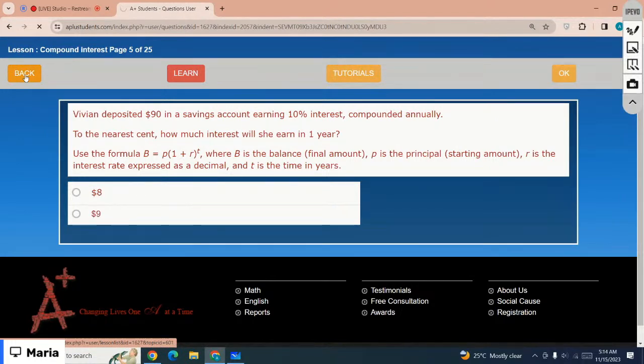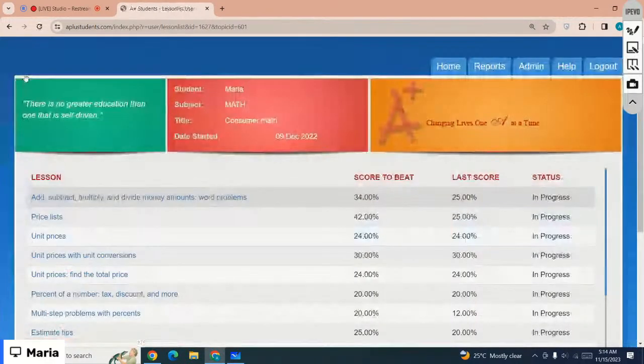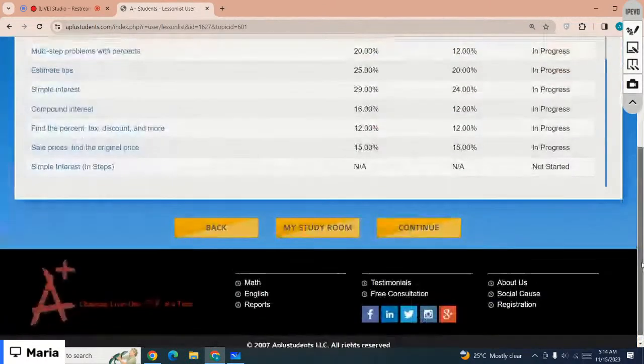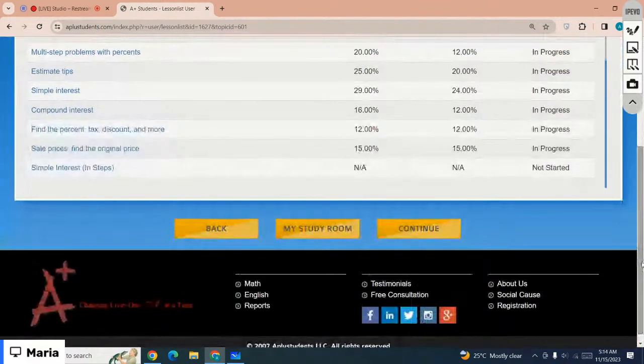And the next lesson is find the percent tax discount and more. Let's just start with the next lesson.